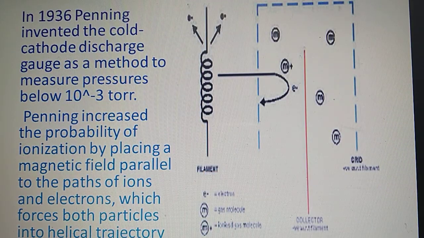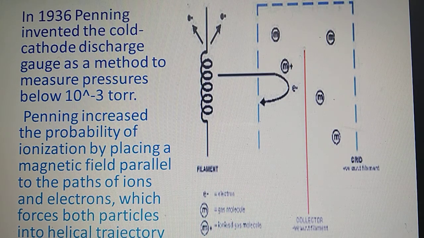This kind of Penning gauge was invented in 1936. The cold cathode discharge gas is a method to measure the pressure below 10 to the power minus 3 torr.